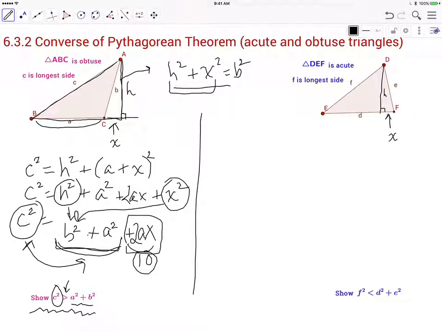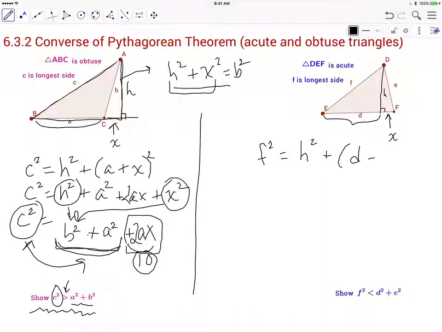On the other side, we're going to do something fairly similar, okay? And we're going to say, for instance, that f squared is equal to h squared plus, now we're going to be careful, this distance is not d, it's actually all of d minus x.